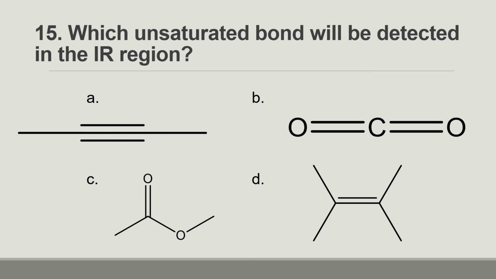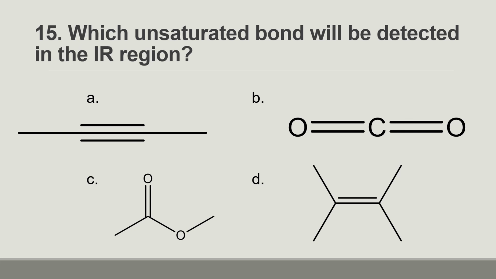And for the last item, so which unsaturated bond will be detected in the IR region? So, we're talking about unsaturated bonds. Ito yung may mga double at triple bond. So, although in IR region, pwede nating sabihin na ayun nga, may mga stretches, no, na ma-recognize. Not all, no, na bonds ay mag-appear because some are IR inactive.